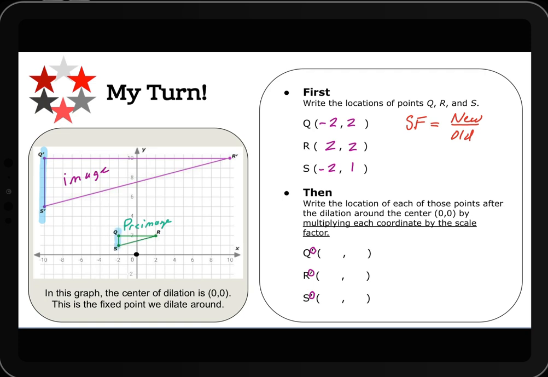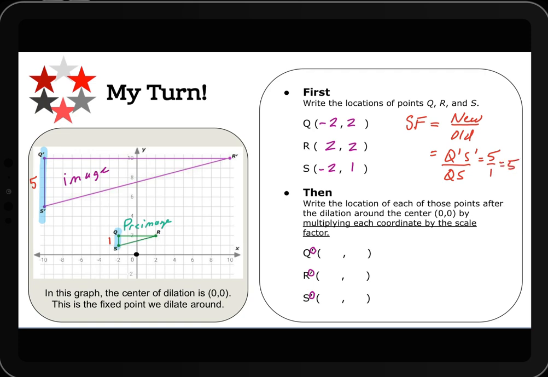So in our case, the new would be Q prime, S prime, and the old would be QS. Now, we can very clearly see that with vertical lines, you can count the distance very easily. In that case, you see over there on the left, with Q prime, S prime, we have 5, right? So the length of Q prime, S prime is 5, and the length of QS is just a little old 1. So that tells me the scale factor is going to be 5.